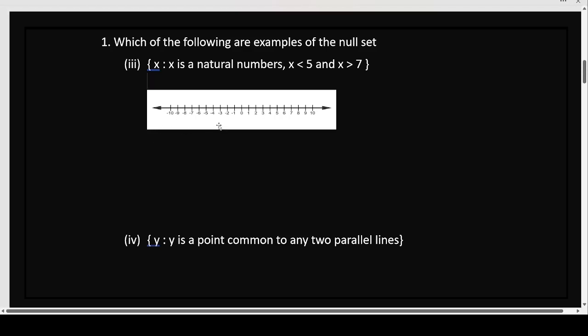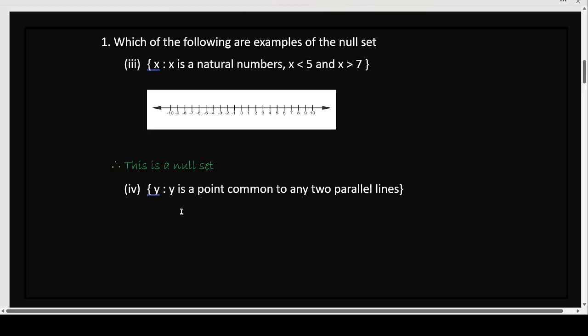On the number line, x less than 5 means natural numbers like 1, 2, 3, 4. But a natural number greater than 7 is 8, 9, 10, it can be anything. There is no number which satisfies both conditions. Therefore, this is a null set.